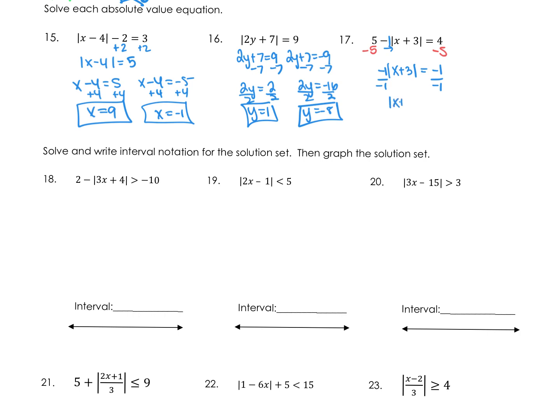So you have absolute value of x plus 3 is equal to 1. You can do these steps a couple different ways, but as long as you get the absolute value of x plus 3 equals 1, you're fine. And so then you'll have x plus 3 equals 1, x plus 3 equals negative 1, subtract 3, and you get x equals negative 2, subtract 3, and you get x equals negative 4.